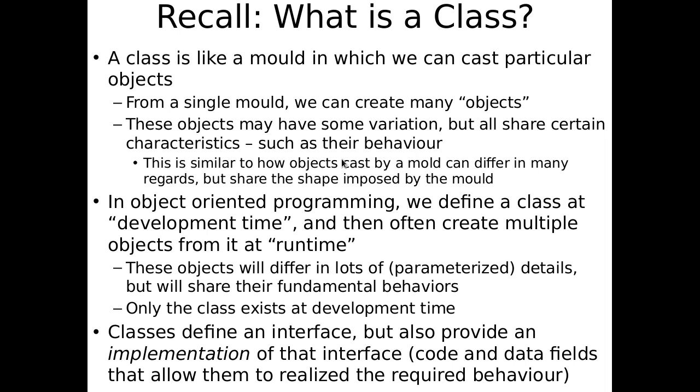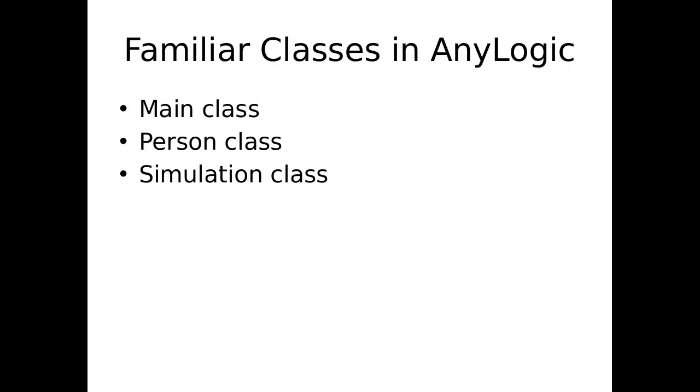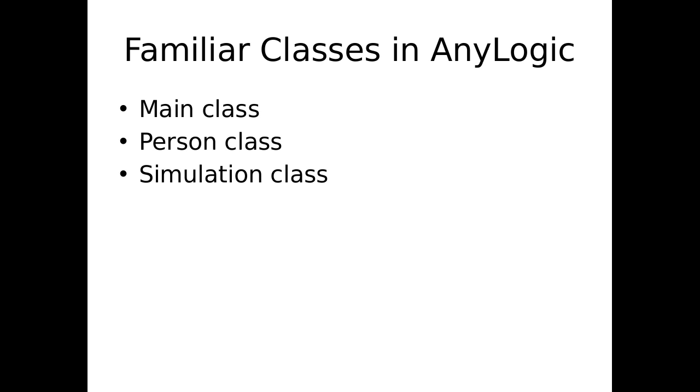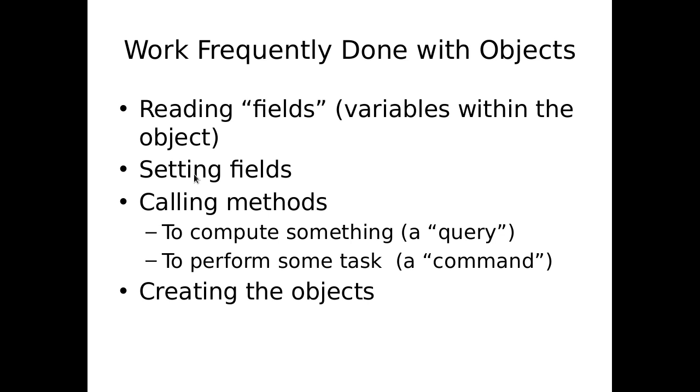It turns out that classes provide some service interface, some way that we can request things, and implement details of that. So we might have a main class, a person class, and a simulation class, for example.